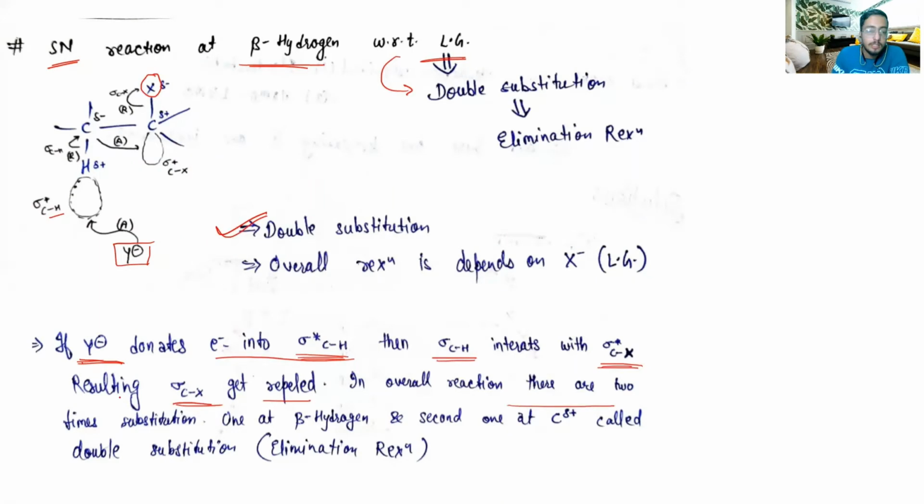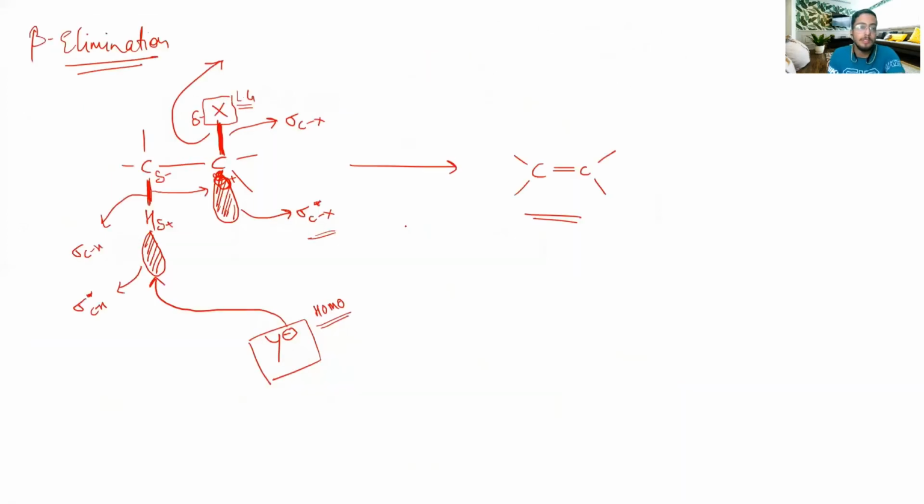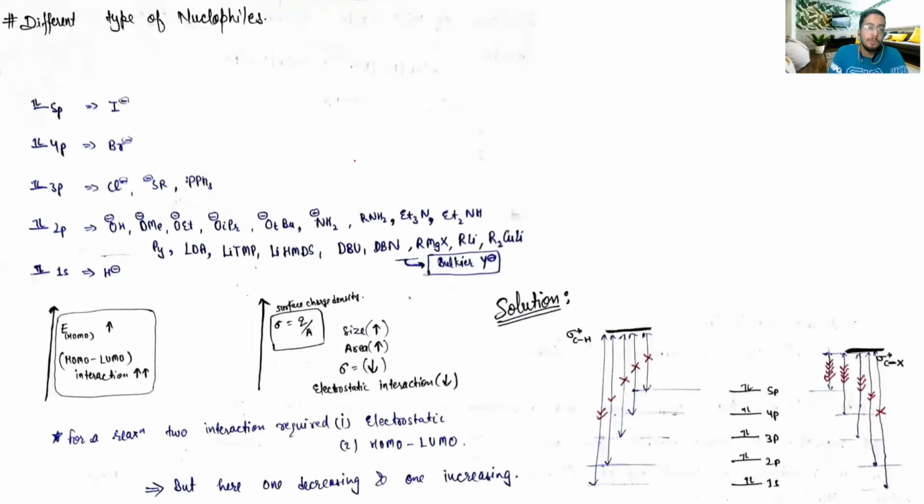In the overall reaction, there are two substitutions, one at the beta hydrogen, the second one at the carbon having the leaving group, and that's why this is called double substitution, and this is an elimination reaction. So in this way we get a C double bond C product by elimination.